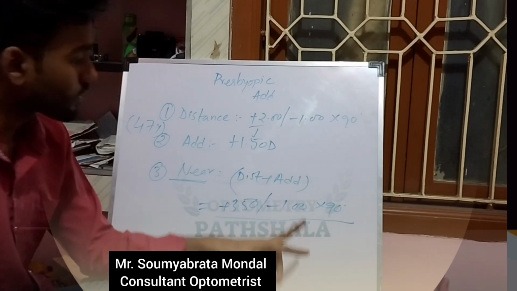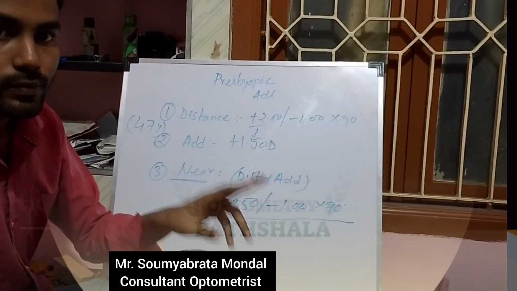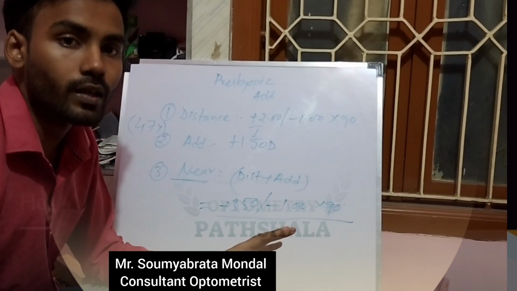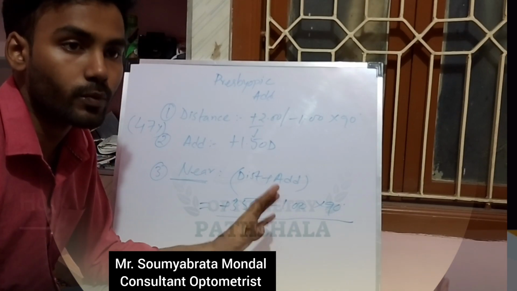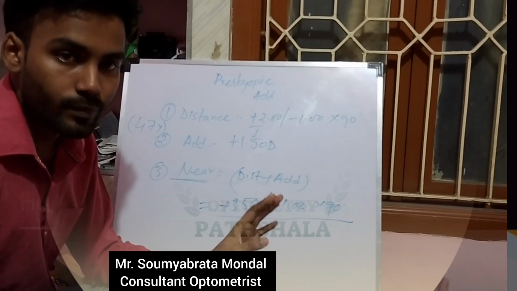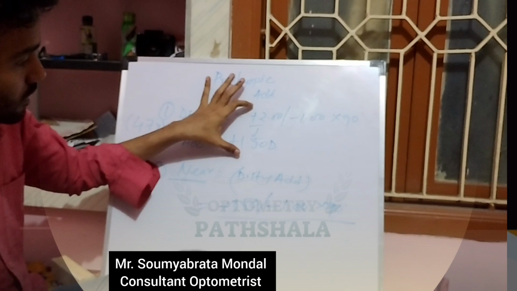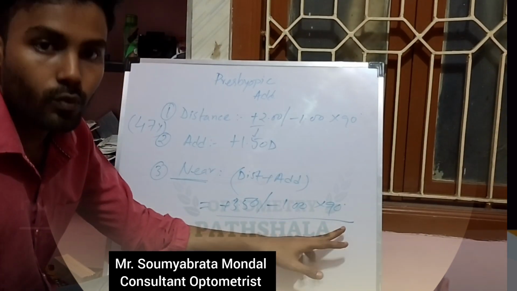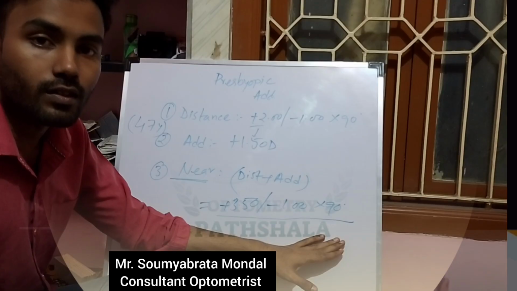In that case, if you give only the 1.50 addition, it will not be helpful; the patient will not be comfortable with that power. So you have to add these two, and give glasses of this power, to be used for reading only.